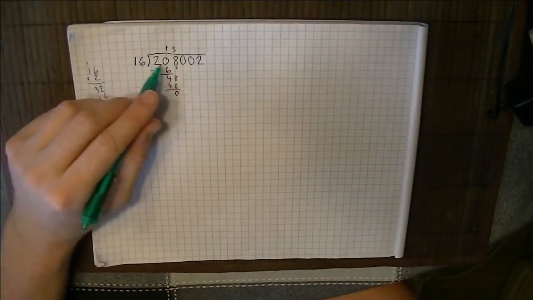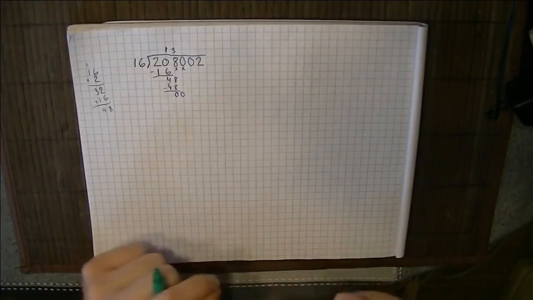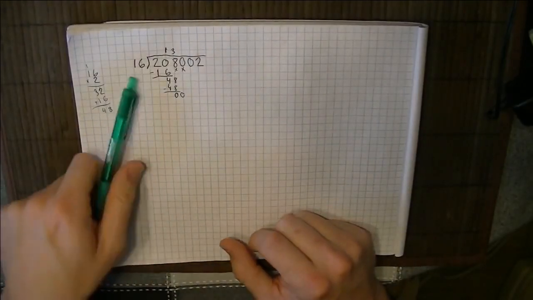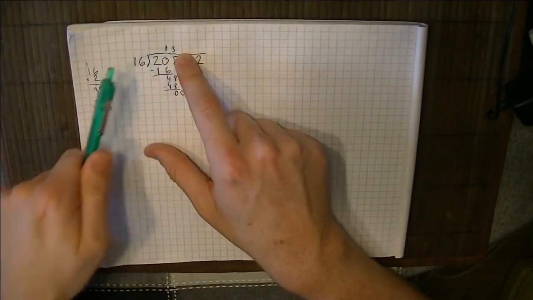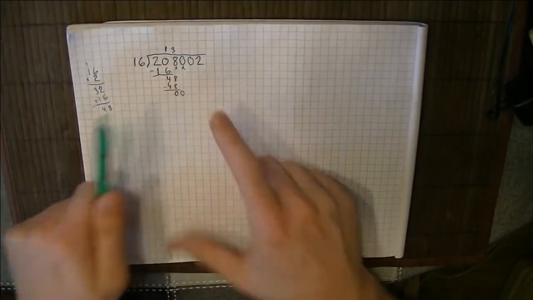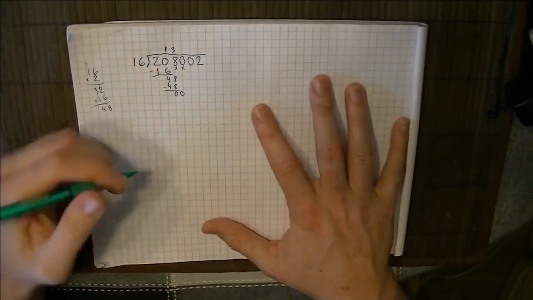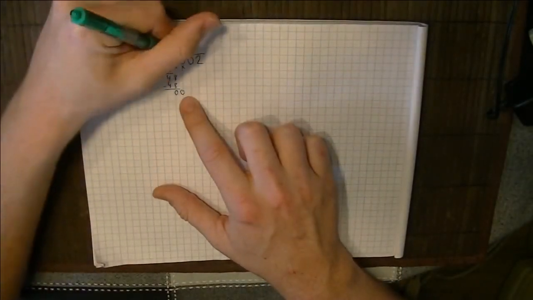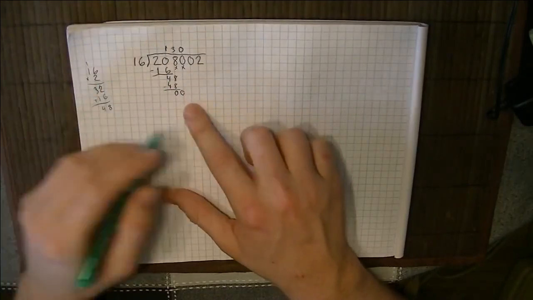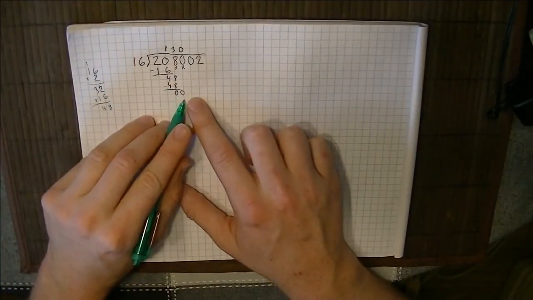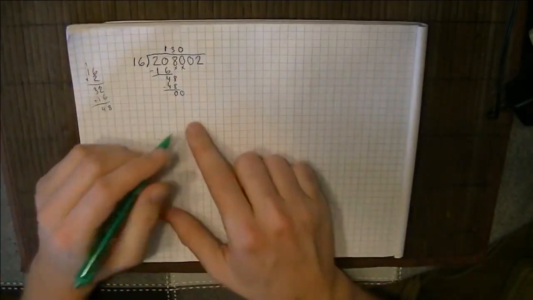All right, now, so I'm going to bring down the next 0. And if we were to follow the algorithm exactly the same way that we've been doing it, I would have to say, okay, 16 goes into 0, 0 times, multiply that out, but we don't need to do that. 16 goes into 0, 0 times, and then 0 times 16 is 0, but I don't have to write that part down because it's not going to change anything, right?